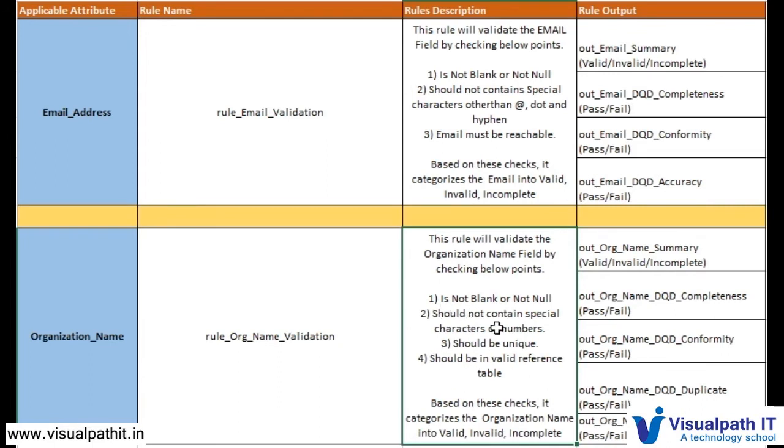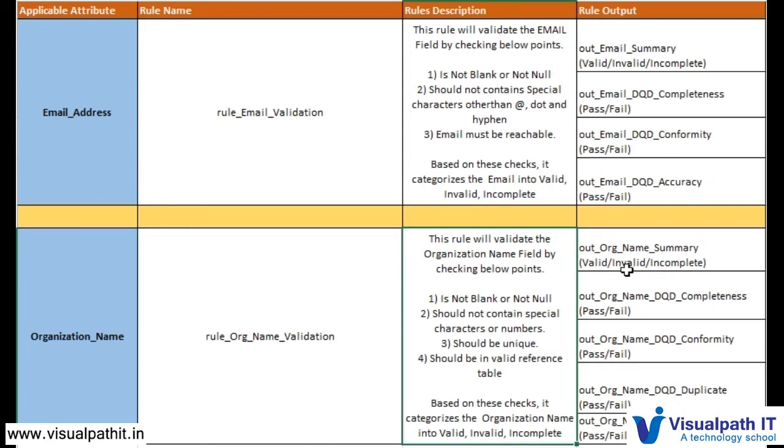We should check null or not, we should verify it should not have any special characters or numbers, and the organization name should be unique. And if an organization list exists, we will look up that list to finalize whether this organization name is available or not. This is the rule description we will be designing as part of rule design.